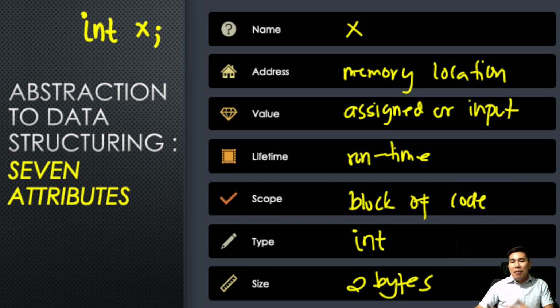Then we have the size. The size means the amount of storage required to represent the variable. In our previous discussion we already covered the different types and the byte size that is consumed once we use them. So int is 2 bytes.